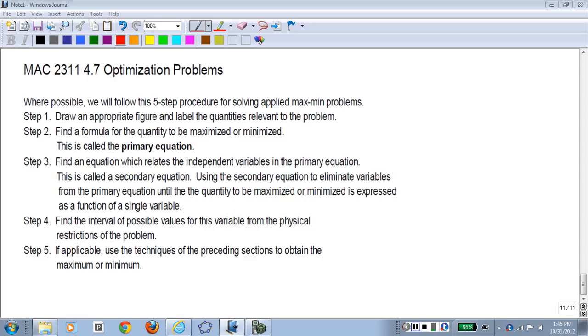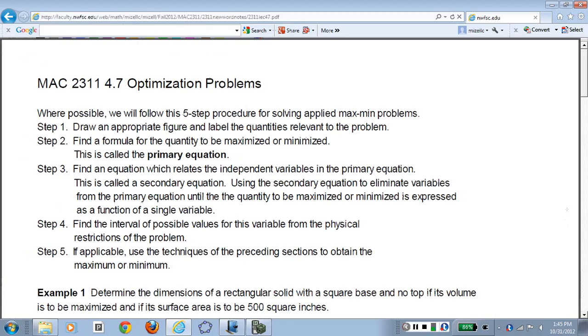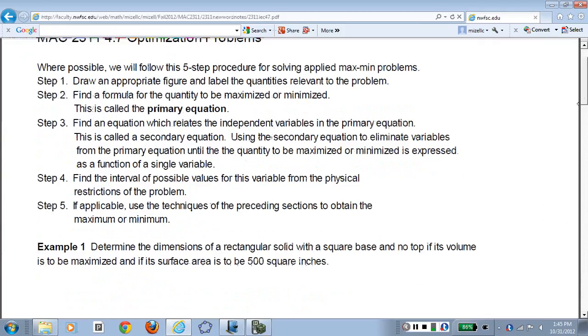This first example that we'll look at is to determine the dimensions of a rectangular solid with a square base and no top, if we want to maximize the volume. So there'll be some quantity we want to make as large as possible, but there's a constraint. If we had a limitless amount of material and consequently a limitless amount of surface area, then we could make the volume just as much as we want.